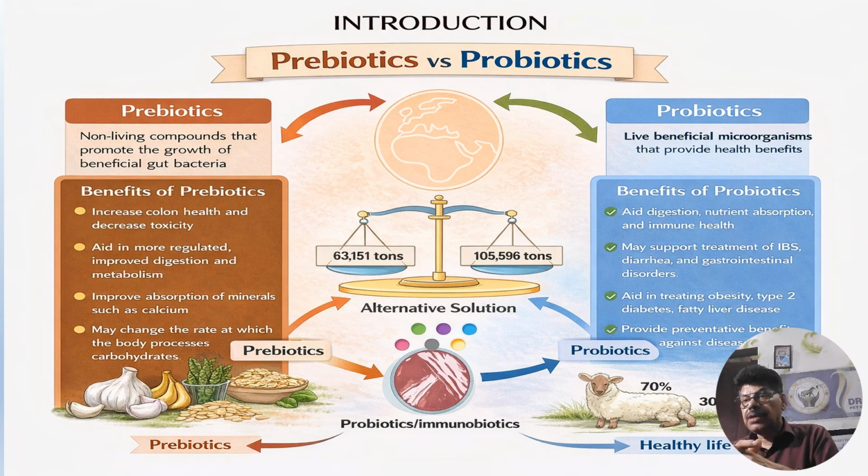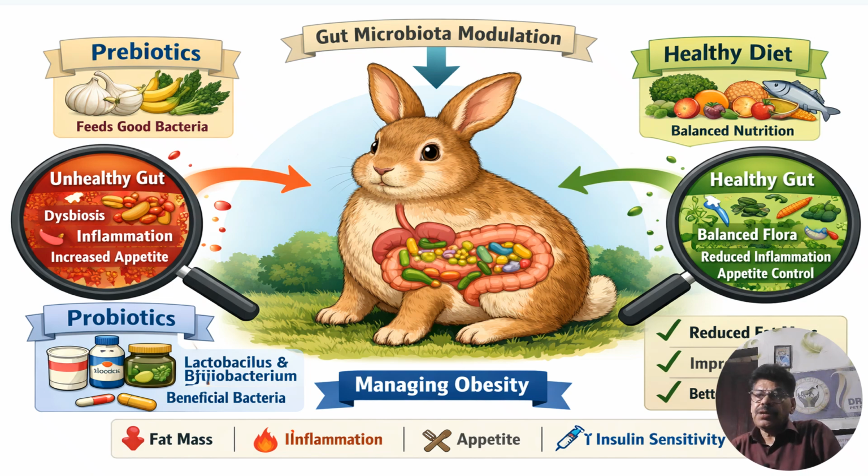So prebiotics and probiotics are one of the alternative solutions against the use of antibiotics in humans and animals. Prebiotics feed good bacteria. An unhealthy gut may cause dysbiosis, inflammation, and increased appetite. Therefore, a healthy diet may balance the nutrients. A healthy gut may balance flora, reduce inflammation, and control appetite.